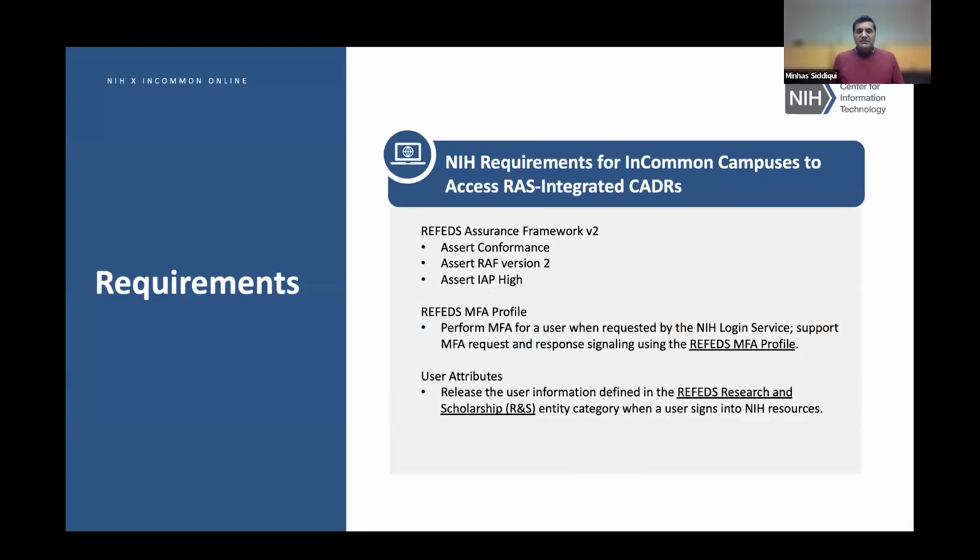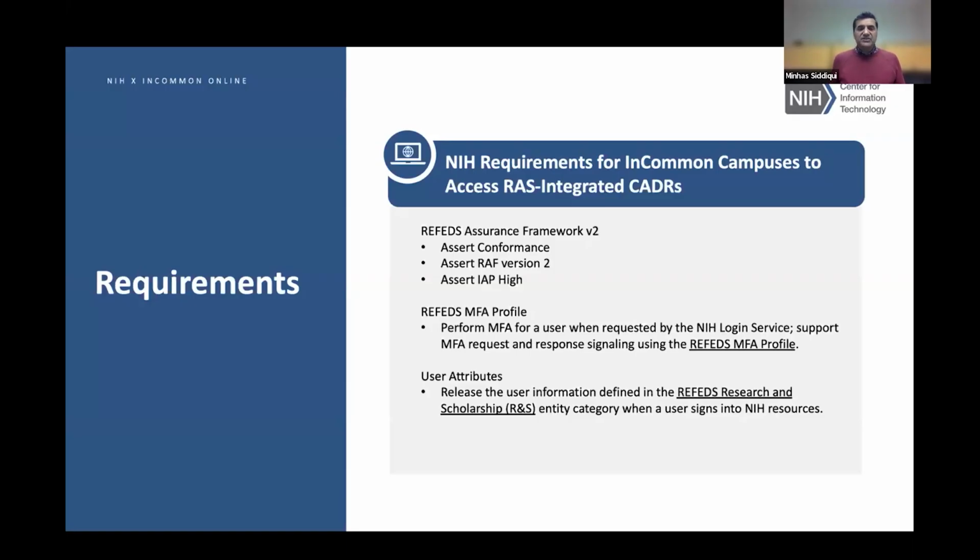So this slide outlines the baseline requirements for InCommon affiliated campuses to ensure that researcher identities are strongly verified, securely authenticated, and consistently represented across NIH RAS integrated cadres. First is conformance with REFEDS Assurance Framework, RAF version 2.